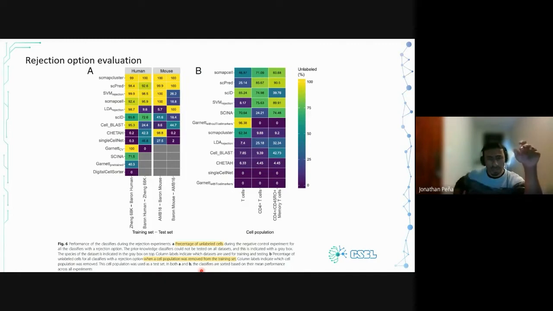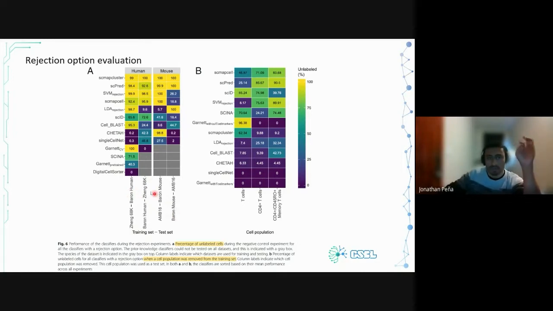O que eles fizeram foi utilizar dois datasets totalmente diferentes, que não têm absolutamente nada a ver. Como dataset de treinamento, utilizaram o PBMC, e para teste utilizaram câncer de pulmão.